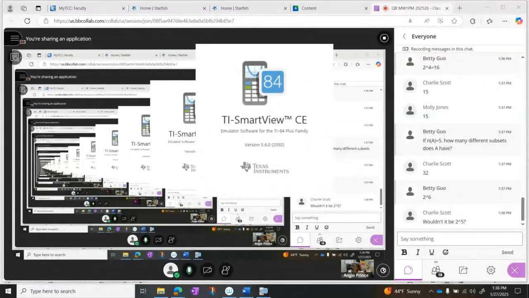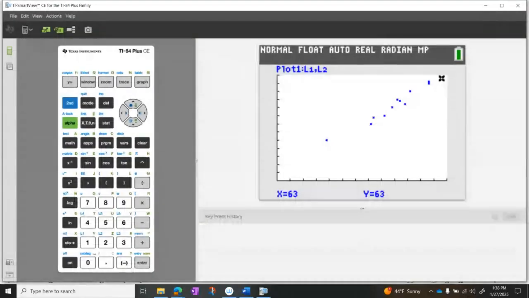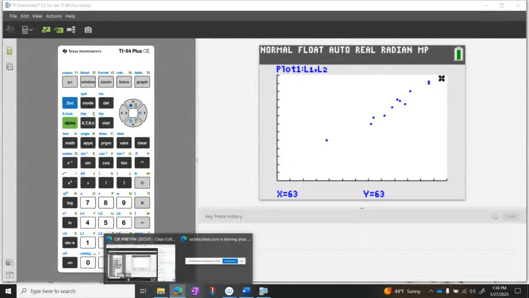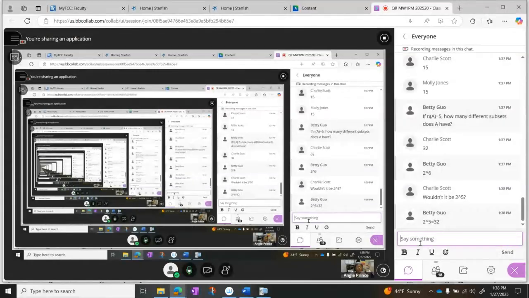It is. Oh, my bad. I typed it wrong. 2 to the power of 5. 2 to the power of 5 equals 32.